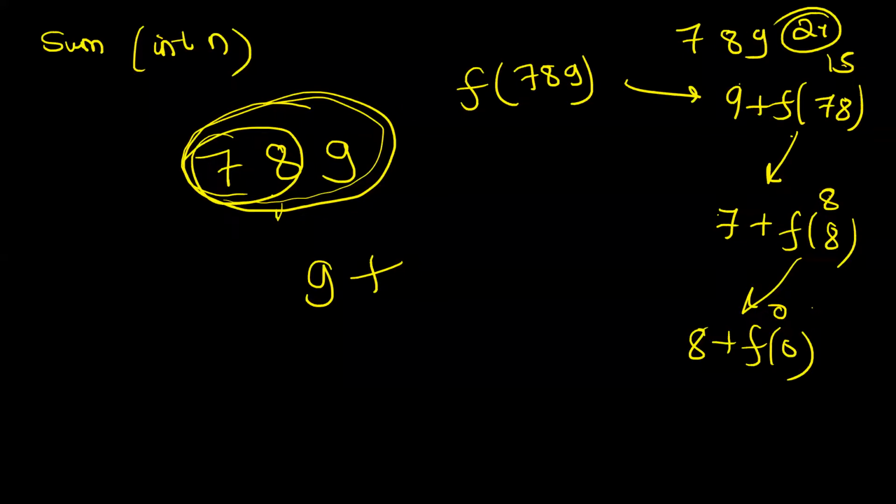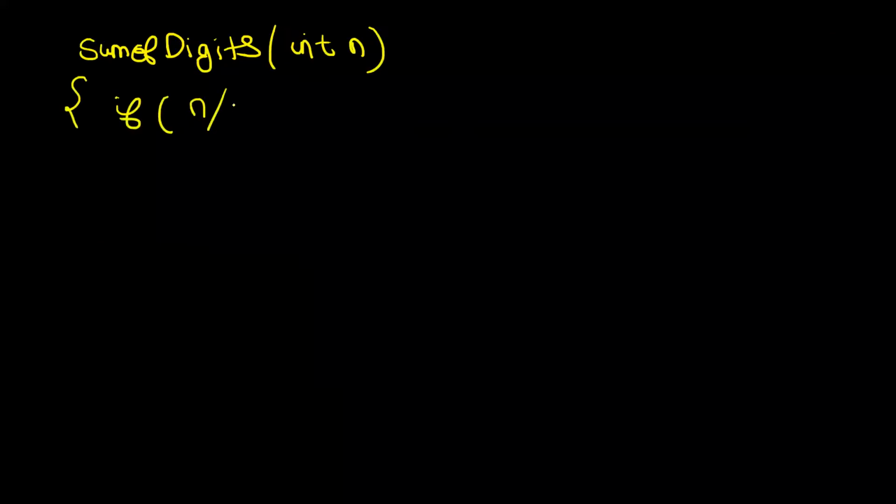Yes, so what we are going to do? That is also correct, Chirag. If n by 10 equals 0, you can return n. That is also a correct base case. So whatever you are more comfortable with. So I will write a function like this, sum of digits, taking an integer n. Let's go with Chirag's.